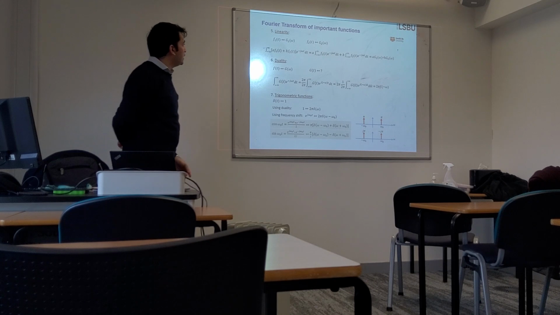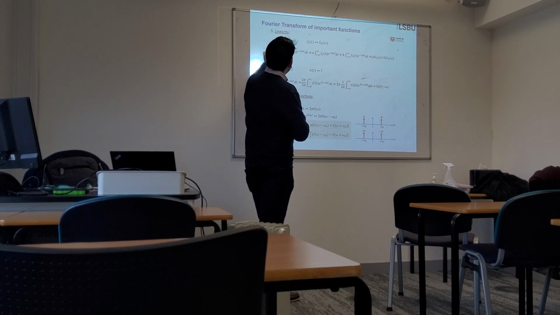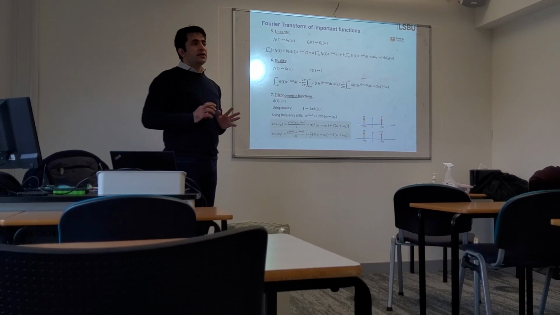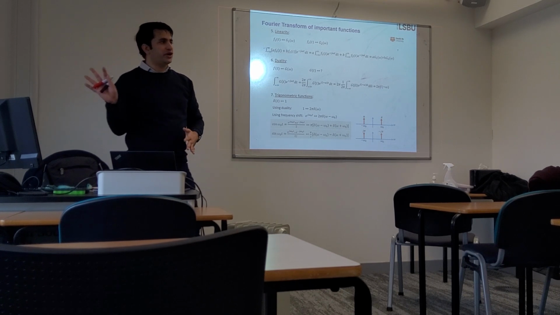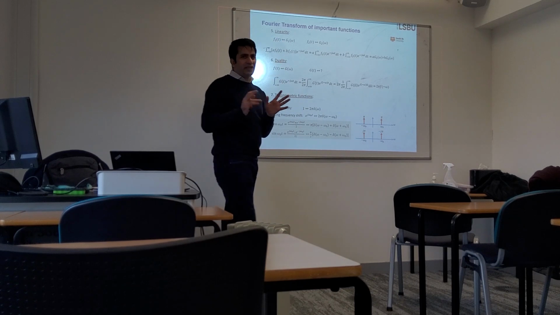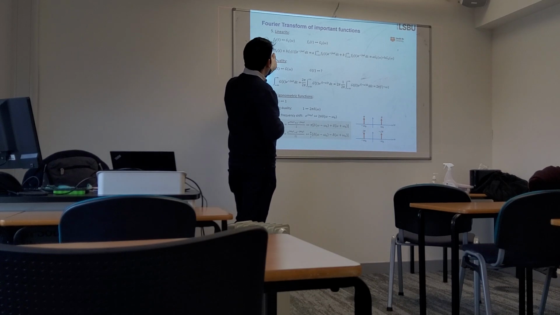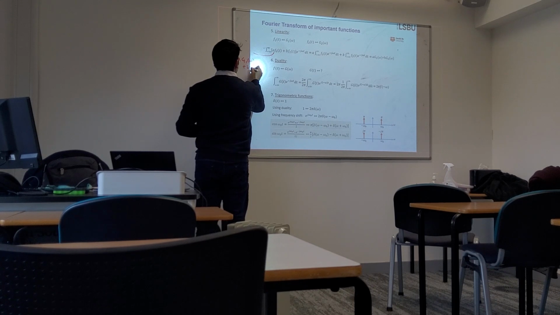How do we check linearity? We want to see that if you multiply function f1 with a, and similarly multiply function f2 with b, just multiplying these functions with a constant number, what happens to the Fourier transform. Before going into detail, if we think logically, if I am multiplying a with f1 of t, b with f2 of t, I can write a g1 of omega plus b g2 of omega.